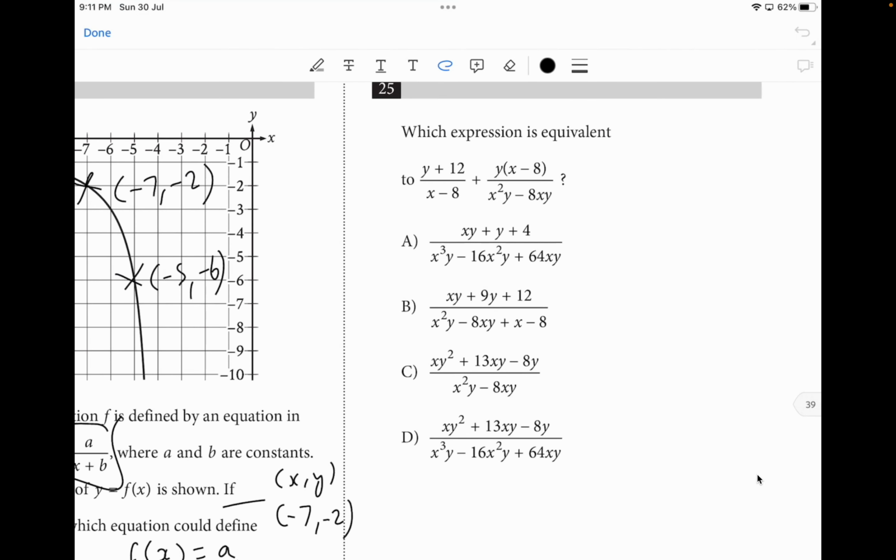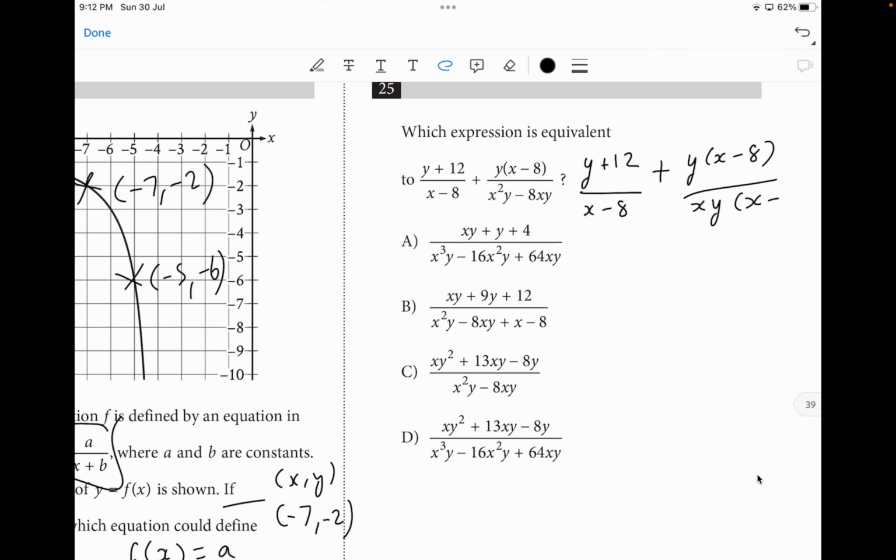So what you're going to do is do it like this. Let me just write it down here. You're going to write it down as y plus 12 divided by x minus 8 plus y brackets x minus 8 divided by, we're going to factorize this part here, so it's going to be xy brackets x minus 8.